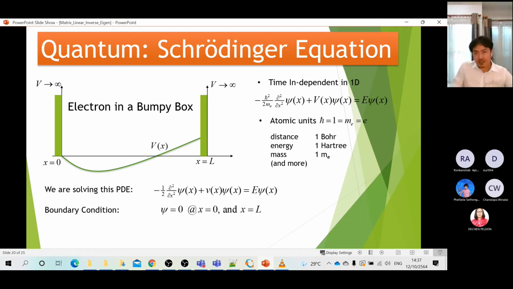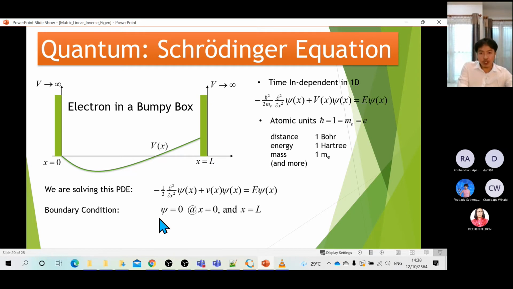The physics of this is the following. Because the function psi here in the math means the chance of finding the electron at a certain location. Therefore, because the box is very rigid on the left and on the right, you cannot have any electron outside the box.